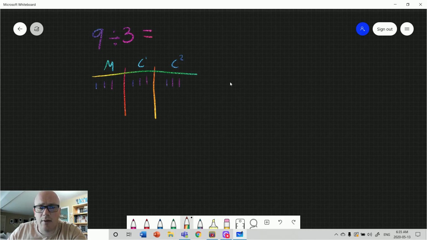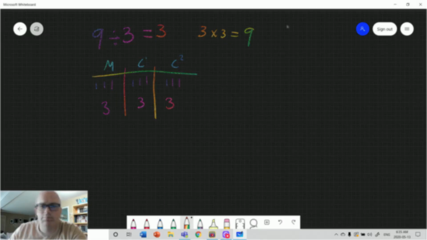Each group then would have 3 boxes of cereal. If we're to divide 9 evenly into 3 groups, that means each of us would get 3. If we want to see if we're correct, we go in the reverse. 3 times 3 equals 9.